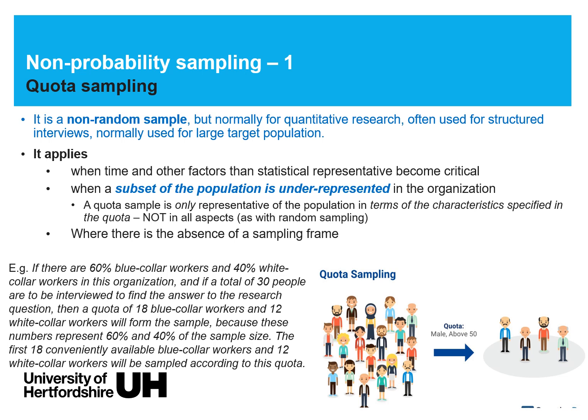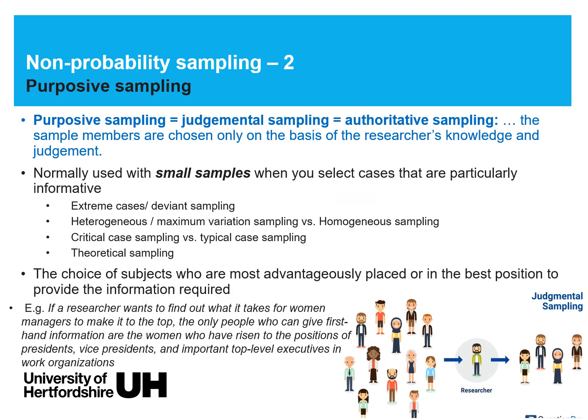Okay, so the second non-probability sampling method is known as purposive sampling. Purposive is also known as judgmental or authoritative sampling. It is where the sample members are chosen by you as a researcher, based on your knowledge and judgment. Normally it is used for very small samples, when you select cases that are particularly informative, such as extreme cases, critical cases or typical cases.